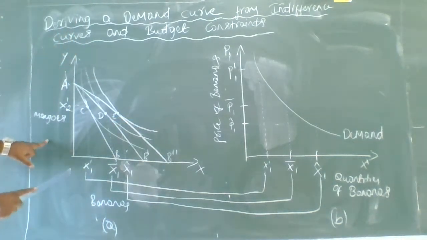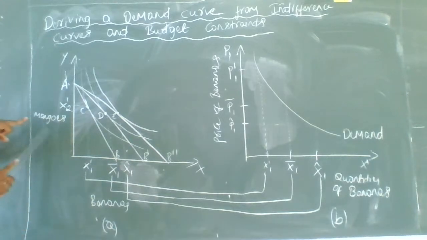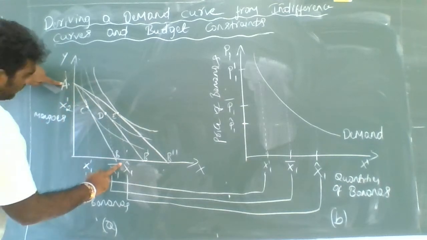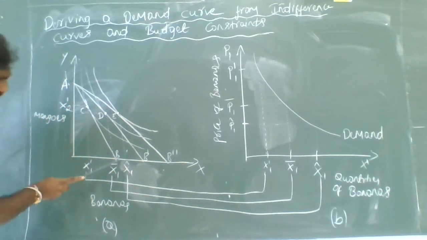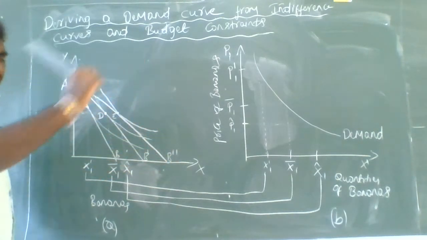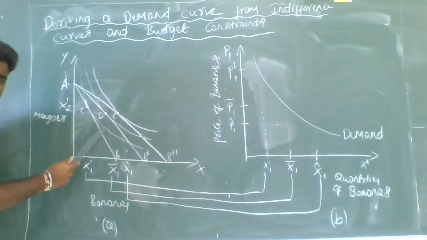So the two commodities are bananas and mangoes. The first budget line here is AB. I drew the first indifference curve.